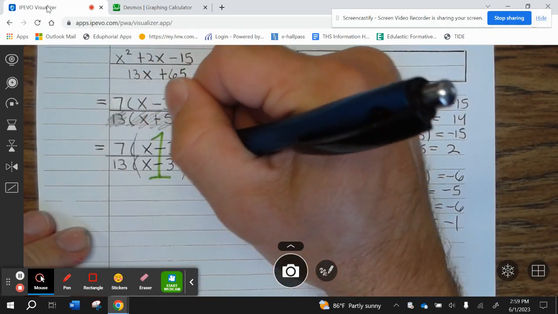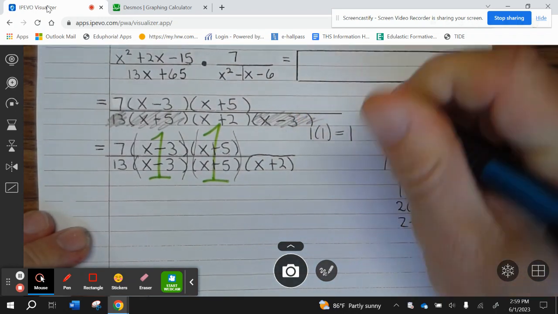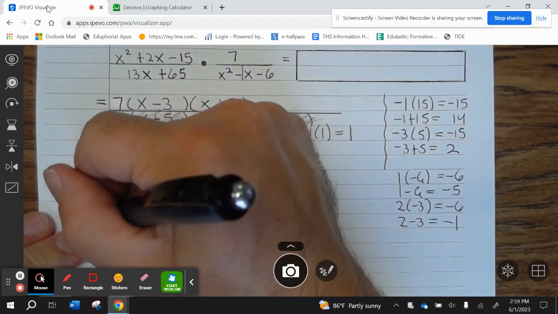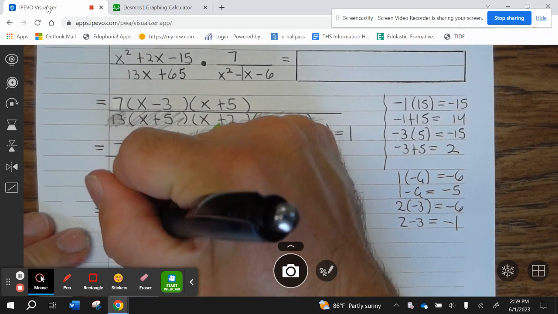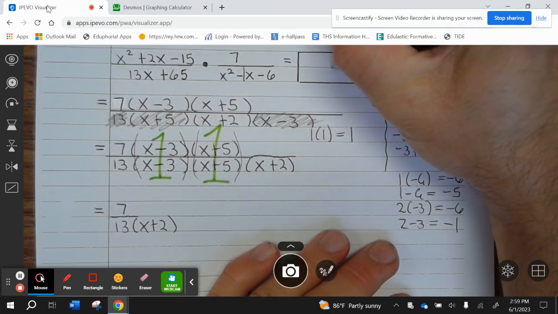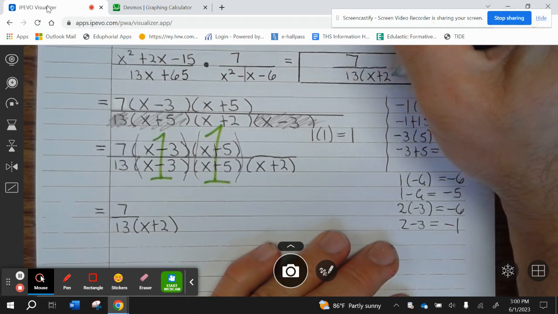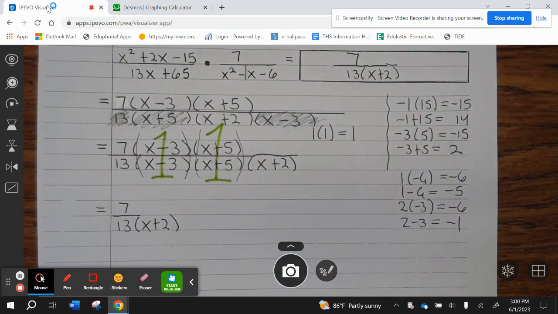This would be 1 times 1, which is still just 1. Okay. So that equals 7 divided by 13 times x plus 2. Okay. All right, go ahead and finish it.